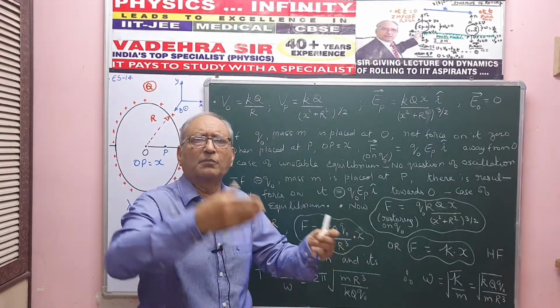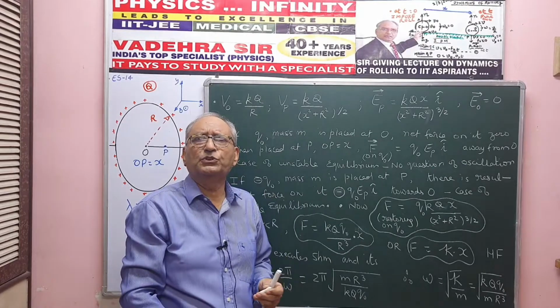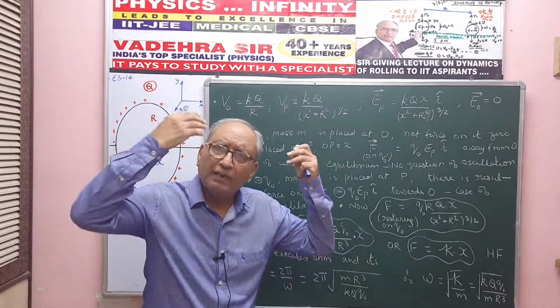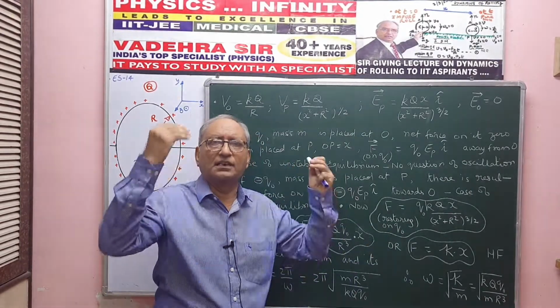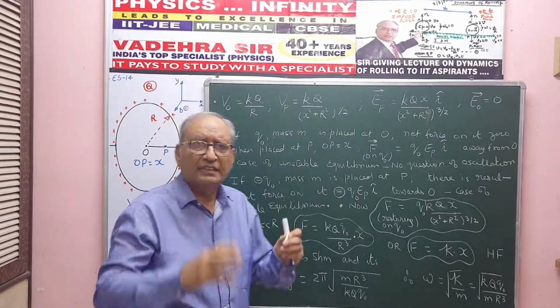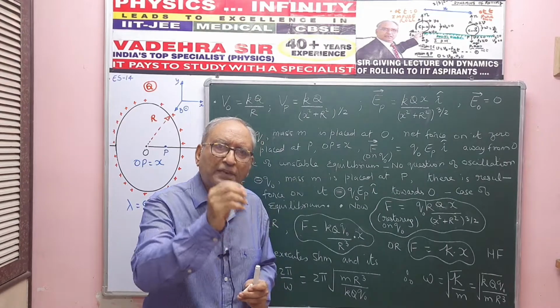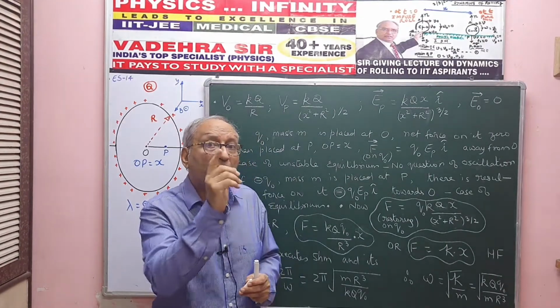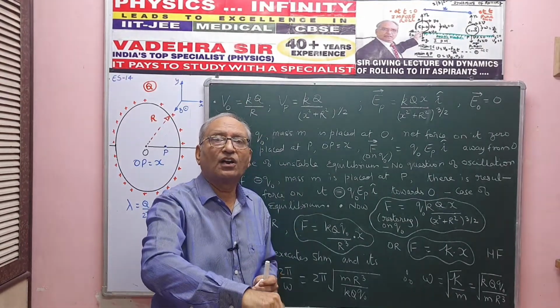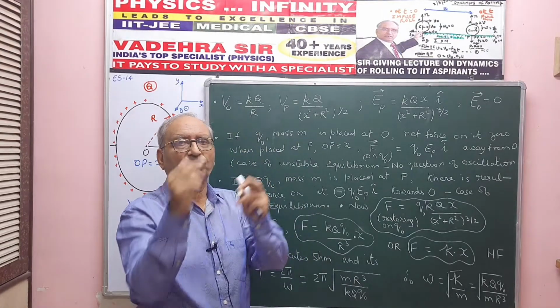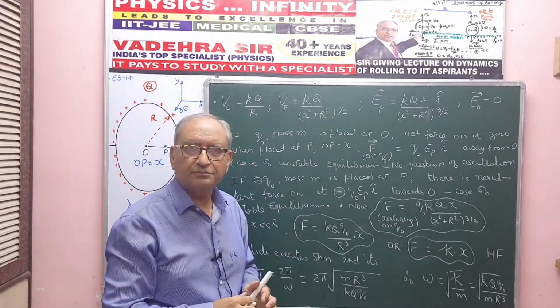Whether it was a pendulum or a spiral spring or the floating U tube or whatever problem of oscillation you encounter, this was one of the principal conditions, that the displacement from the mean position should be very small, because only then the Hooke's law condition will be satisfied.